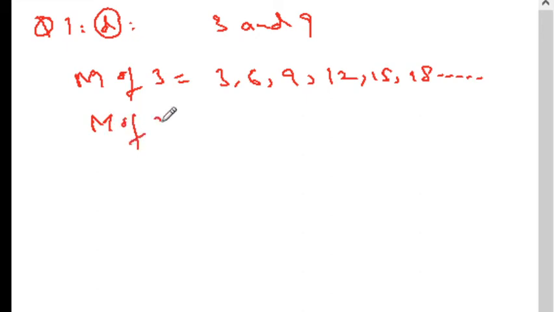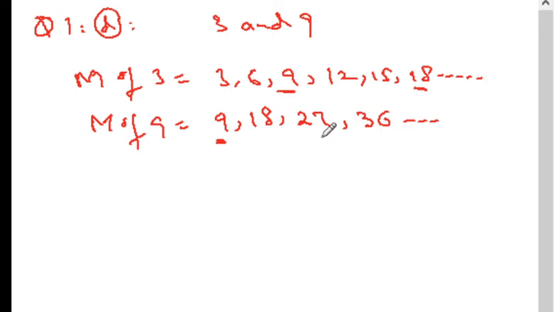Multiples of 9: 9, 18, 27, 36 and so on. Now see, these are the multiples. The common multiples are 9, 18 and so on. There are many other common multiples. So what is the lowest common multiple here? The lowest common multiple is 9. That's the result.